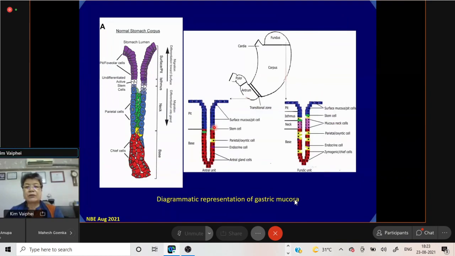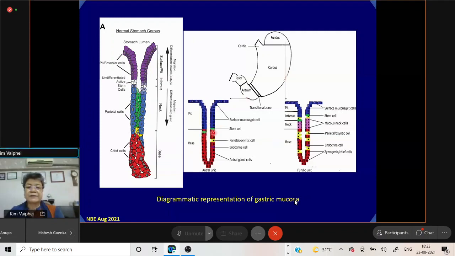Now this is a pictorial diagram to represent the antral unit, the fundic unit, and different types of cells. This is a foveolar component. The glands in the stomach are slightly different from the rest of the GI tract, because the stem cell usually comes up towards the base of the foveolae.